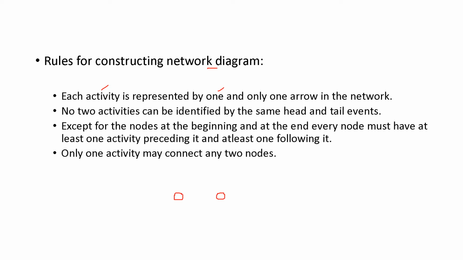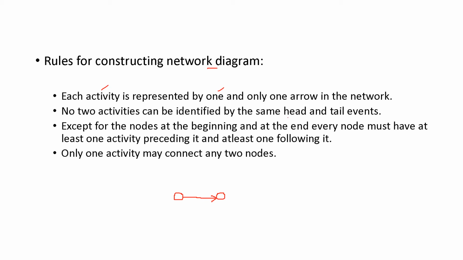Nodes are connected by activities. Between two nodes there will be one and only one arrow. That means only one arrow is possible between two nodes, that is, no two activities can be identified by the same head and the tail.